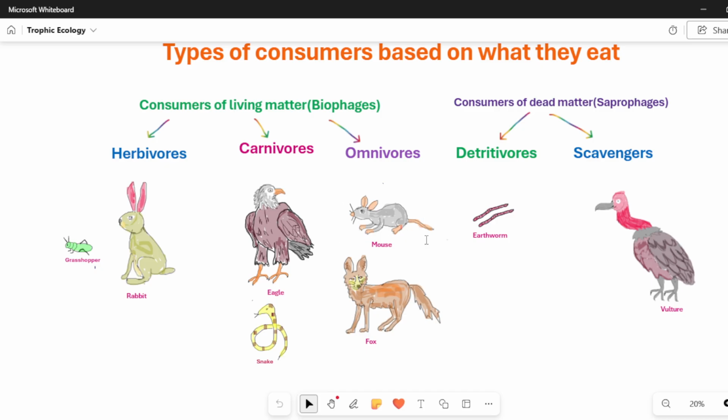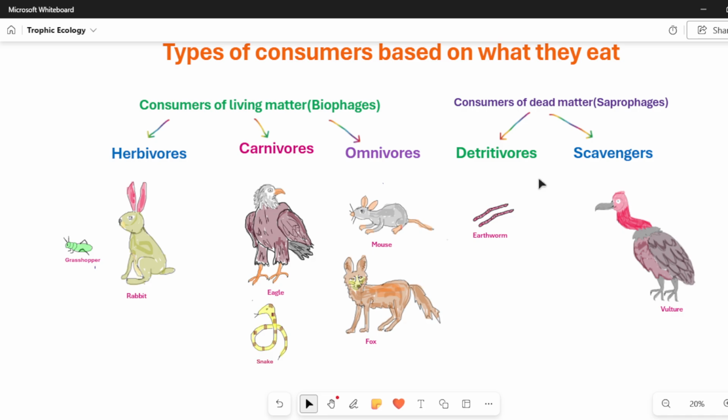Even the mouse eats grains and also eats other insects, so the mouse is also an omnivore. The eagle does not eat any plant, it only eats meat, so that is a carnivore. Similarly, the rabbit only eats plants. It does not eat meat, so it's a herbivore.